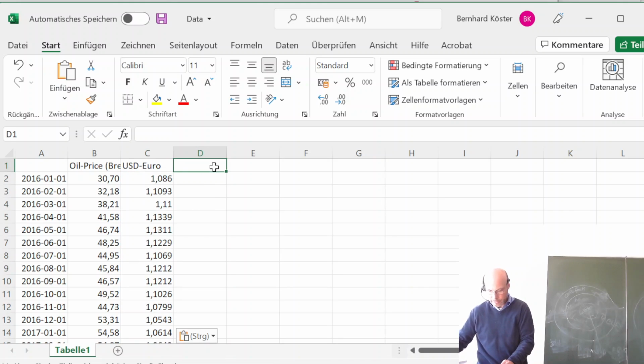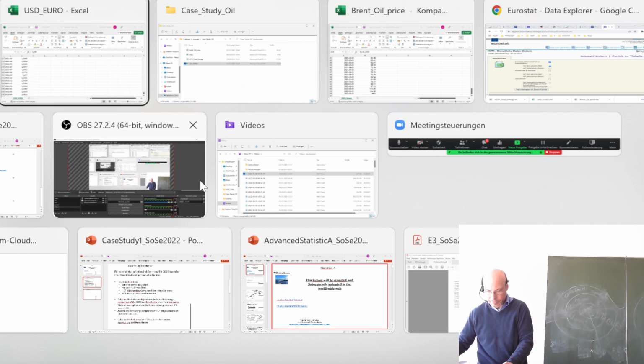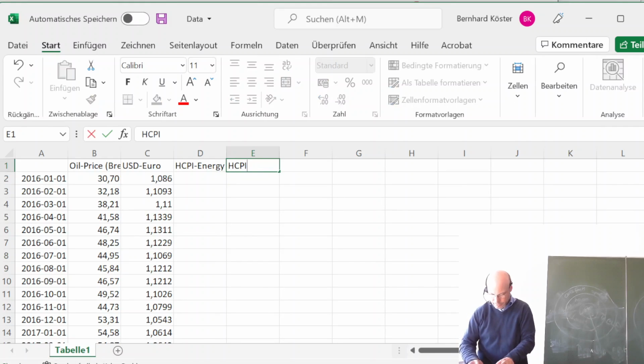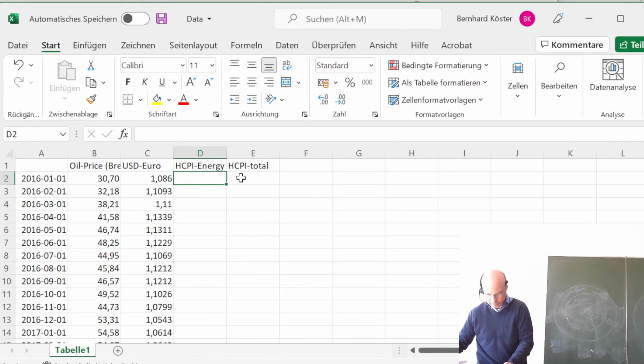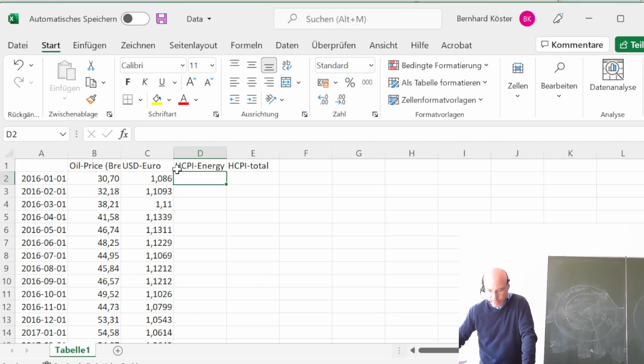The HCPI energy and HCPI total. HCPI energy and total.